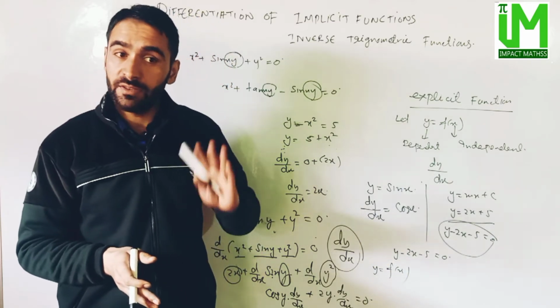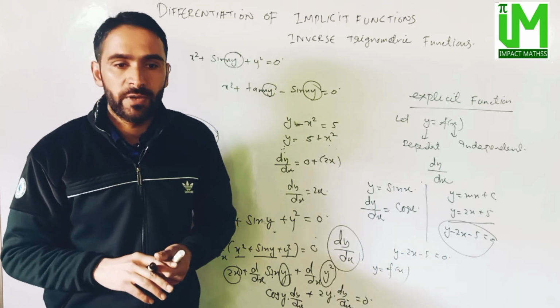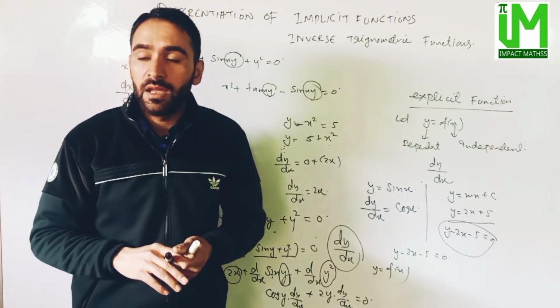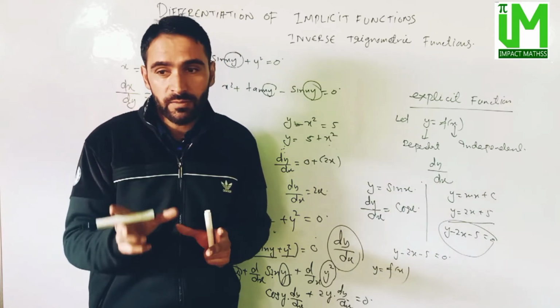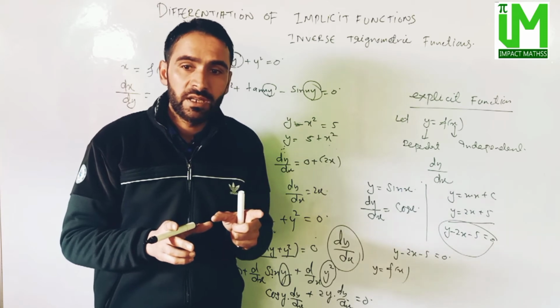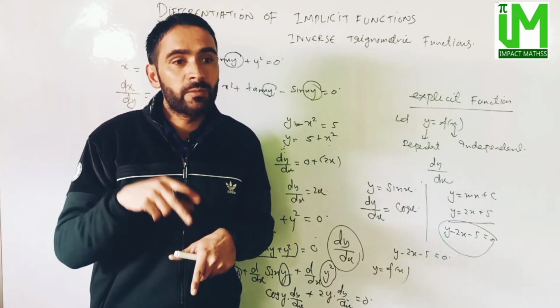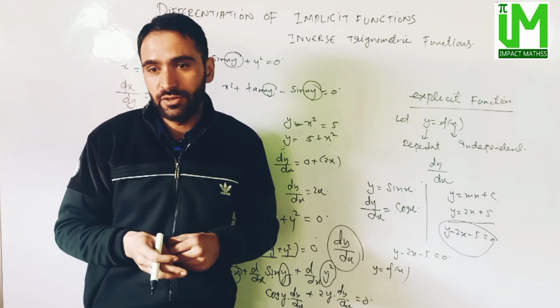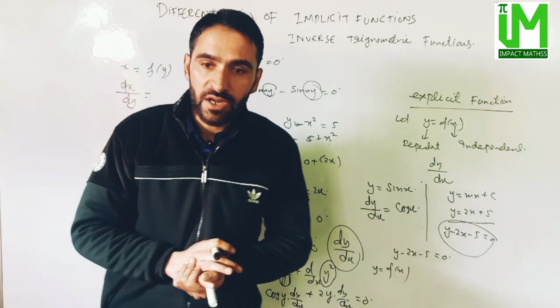If it is mentioned to find dy by dx, that means y has to be taken as the dependent variable and x as the independent variable, and if it is given to find dx divided by dy, it means x has to be taken as a dependent variable and y as the independent variable. This is how we differentiate the implicit functions.